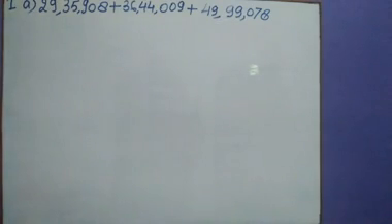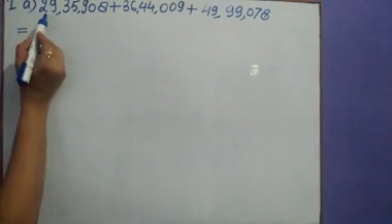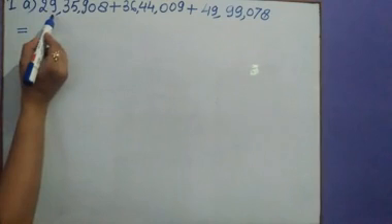99,078. In such type of question, first of all, we will round off each number to the nearest lakh. Then we will add. Let us do. Round off this number to the nearest lakh.